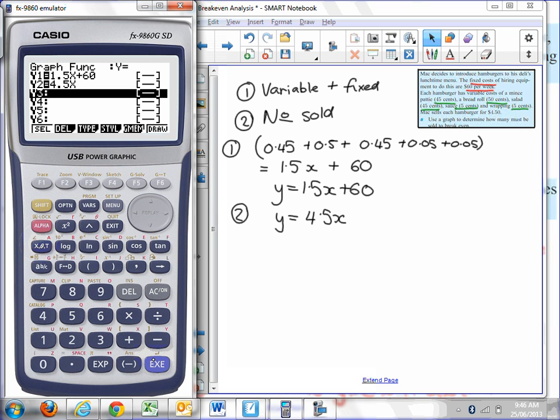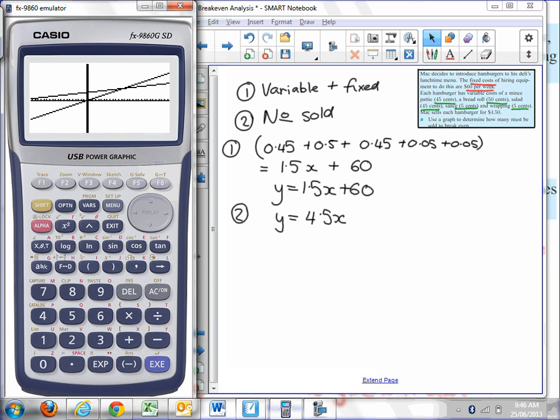Now we have our two equations. We want to draw them, so we're going to press F6 to draw. You can see on my screen it quite clearly shows where it crosses over, but your calculator might not. So what we need to do is press zoom and go to auto, which is F5, and that will automatically zoom.